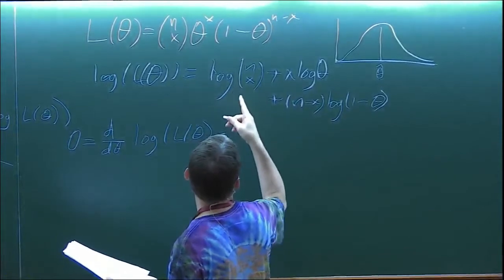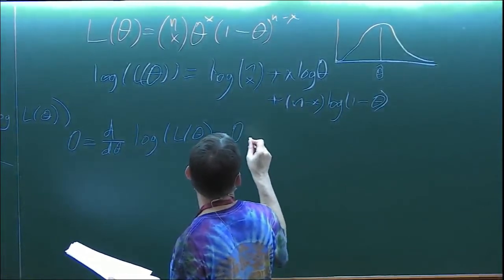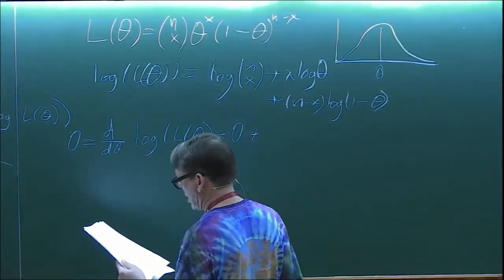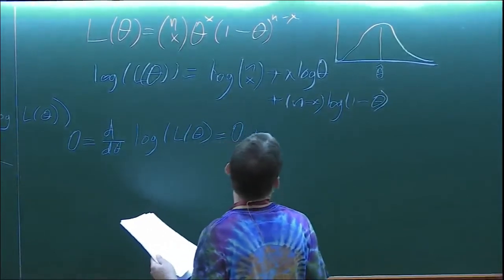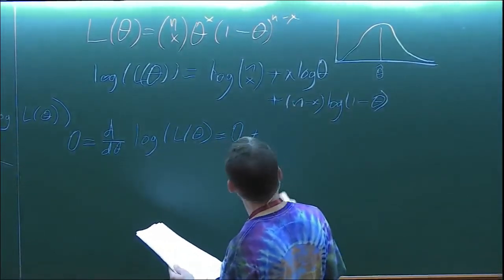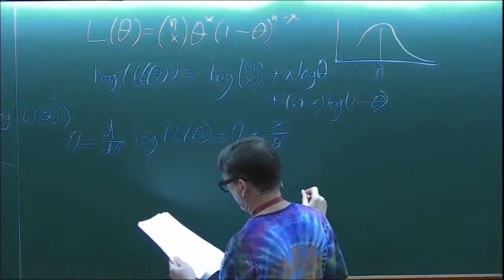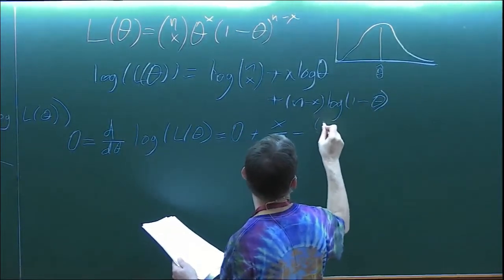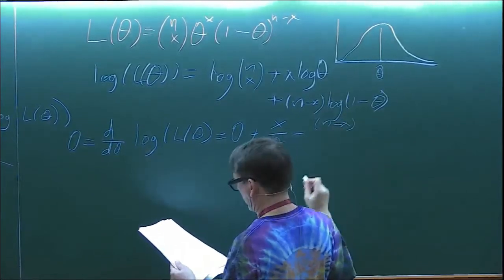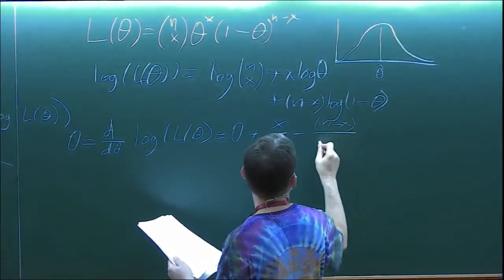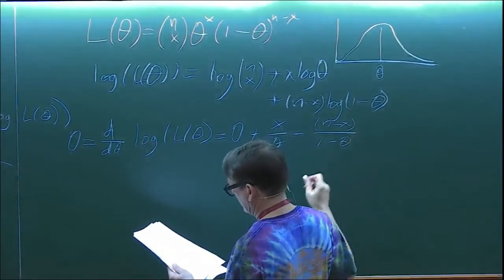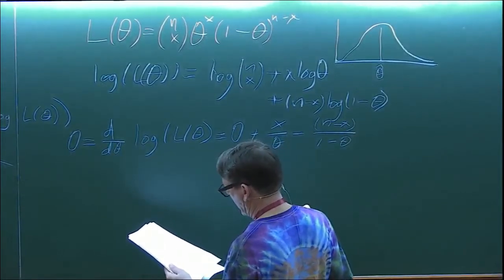Well, the derivative of this with respect to theta is 0. There's no theta there. Here the derivative is going to be x over theta minus n minus x over 1 minus theta.